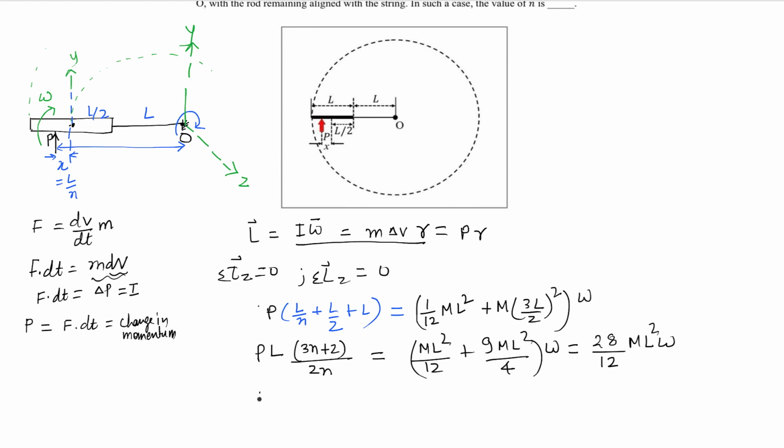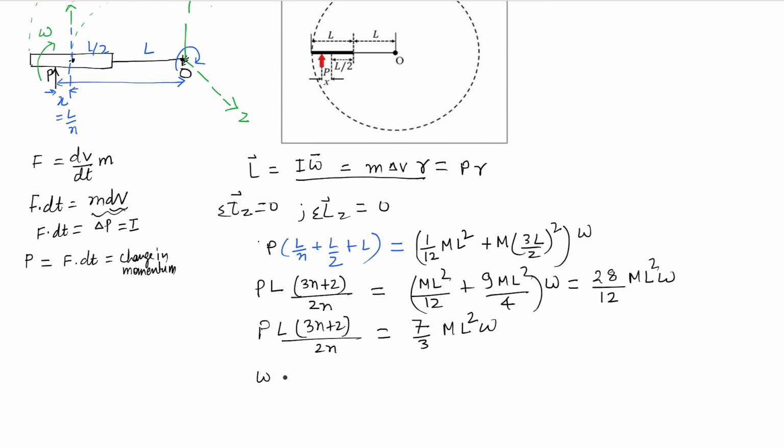Therefore, PL (3n plus 2) by 2n equals 7 by 3 ml square omega. Therefore omega is 3 by 14 ml times P (3n plus 2) by n. So this is the omega. Let's call it 1.